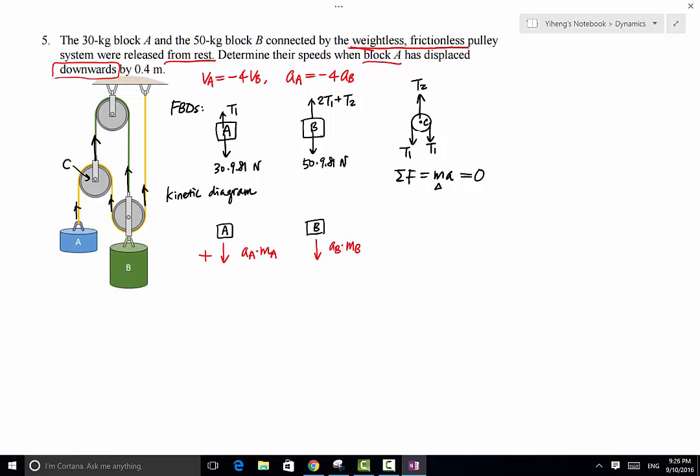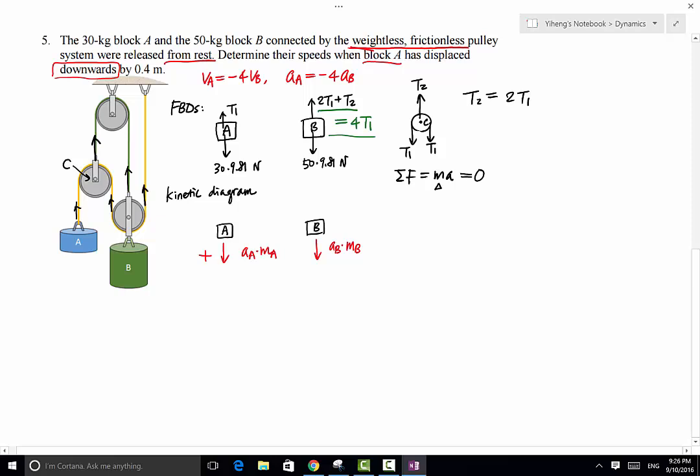As a result, if the total force acting on pulley C equals 0, then the conclusion has to be that T2 equals 2 times T1. T2 and the 2T1 have to cancel each other out. As a result, this simply equals 4 times T1, which means that our analysis has now reduced to only objects A and B. We did introduce an intermediate step, the pulley C, and that helps us establish this relation.